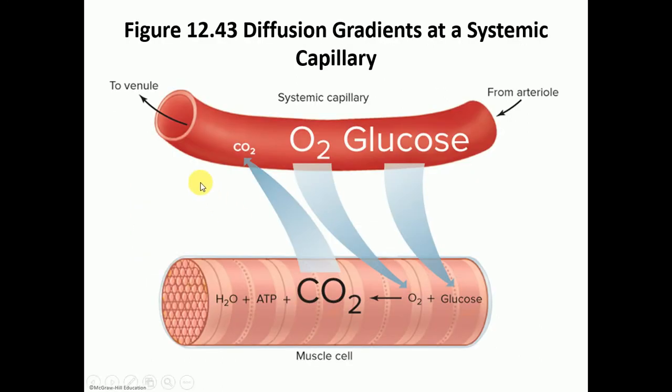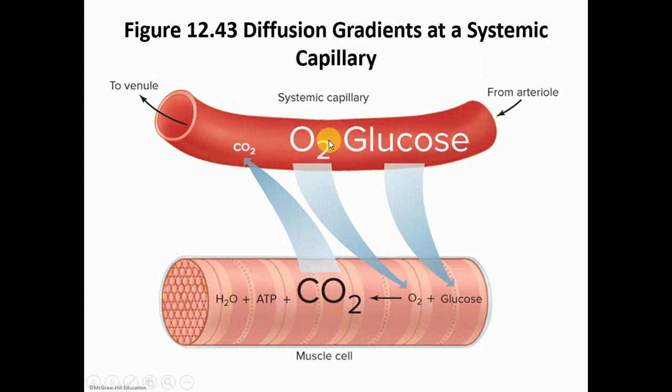Now for the diffusion rate. The diffusion into or out of the capillary depends on the difference in pressure. So you'll find here, this is a systemic capillary, and this represents a muscle cell. At the arterial end, this is the oxygenated blood coming in.